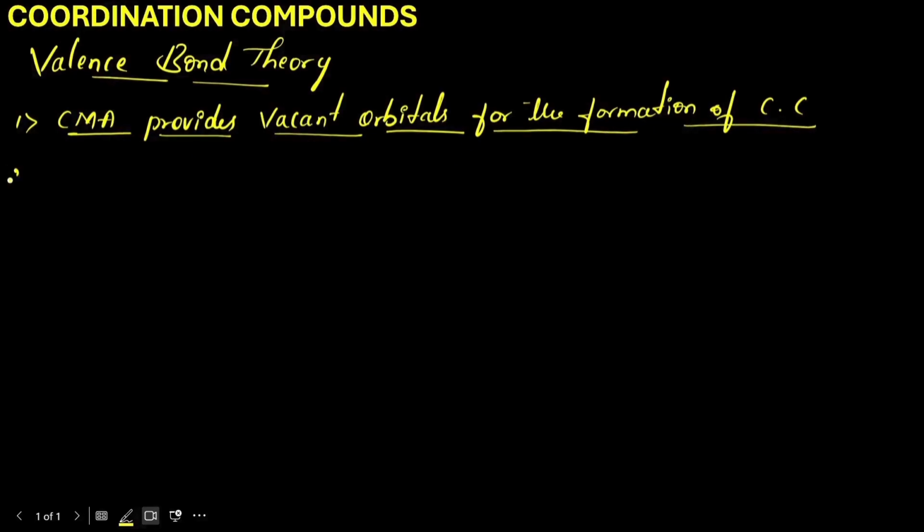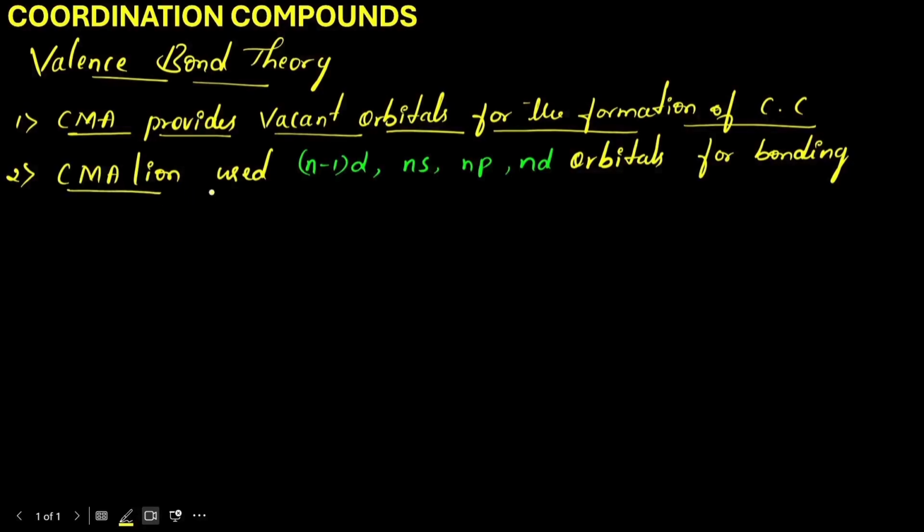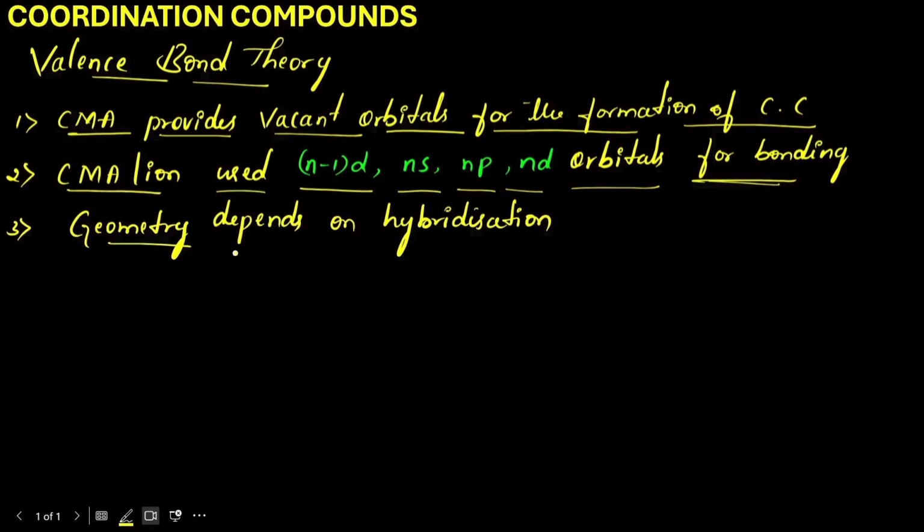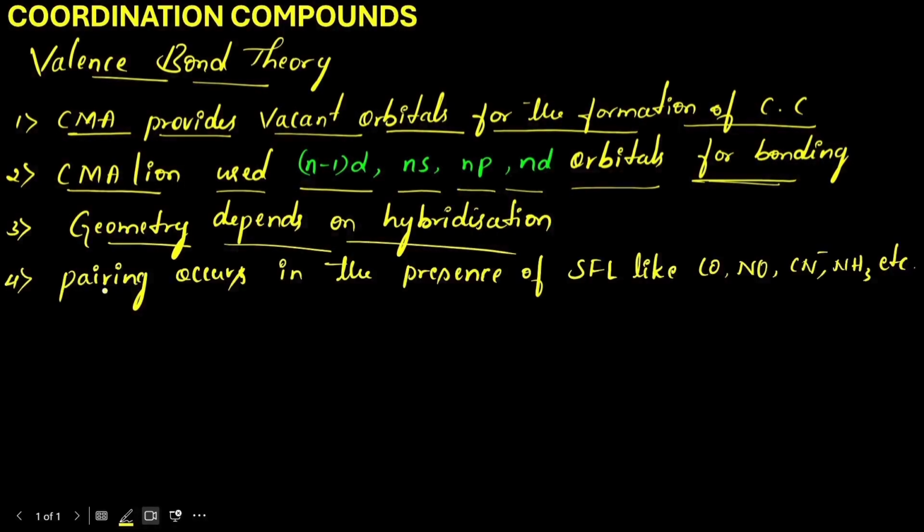Second, the central metal atom or ion uses (n-1)d, ns, np, nd orbitals for bonding. Third, the geometry of the coordination compounds depends on hybridization. Next, pairing occurs in the presence of strong field ligands like CO, NO, CN-, NH3 etc.